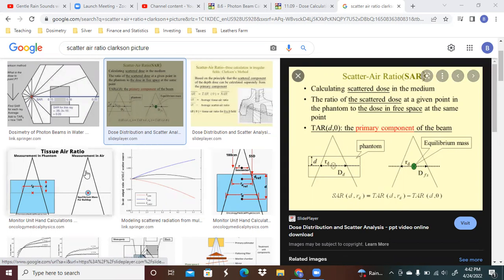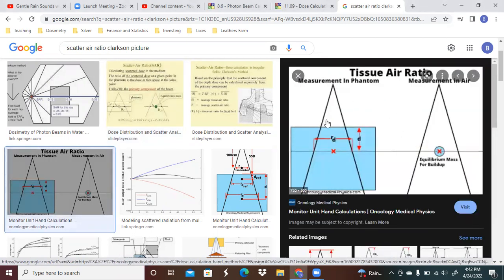We have discussed tissue error ratio before. The tissue error ratio, of course, is going to be measuring the dose that is delivered to a certain depth in a phantom at a certain reference field size to what it is in the air.